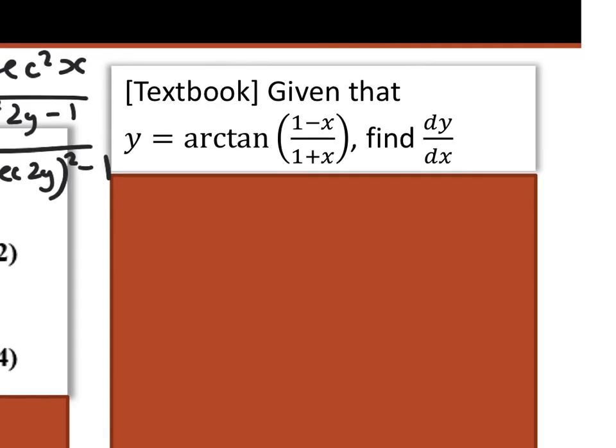We know, and this is what we know, that when y equals arctan of x, when we differentiate, we get 1 over 1 plus x squared. Okay, this is what we know.